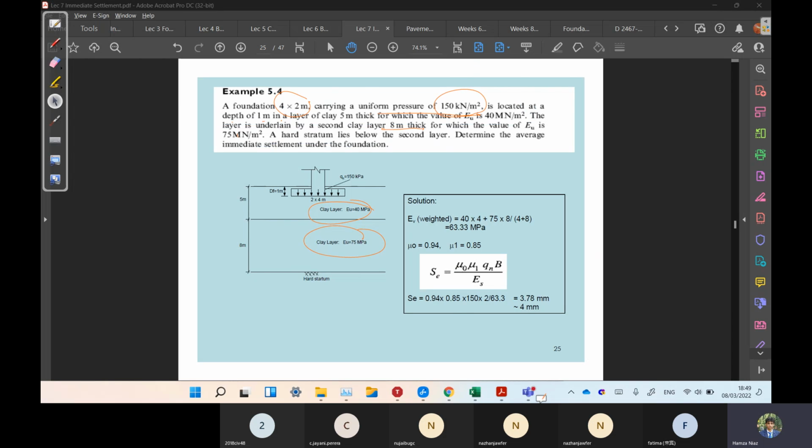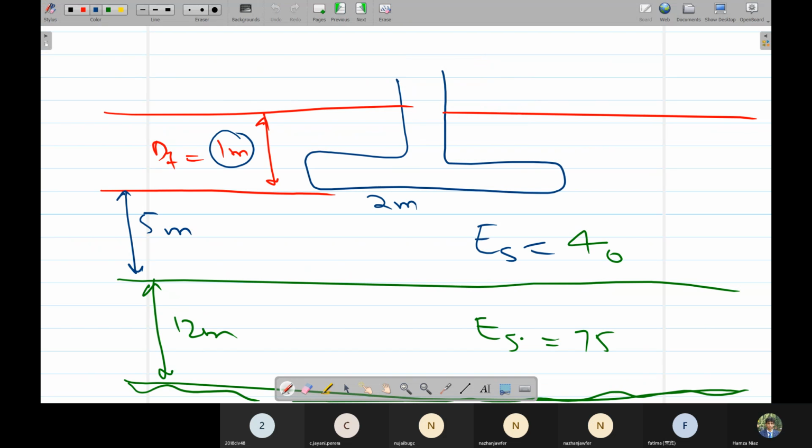Now H over B. Remember, H is always the distance from the base of footing to the incompressible layer. We have to take it from the bottom of the footing up to the incompressible layer.